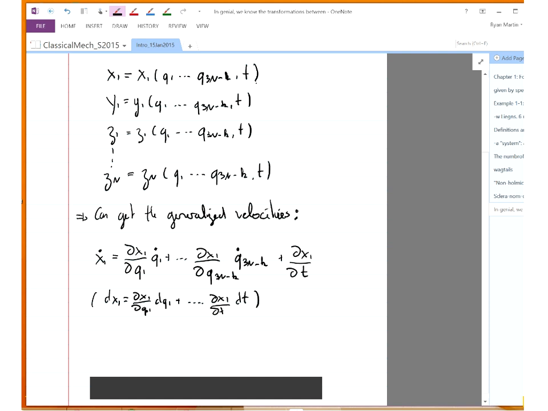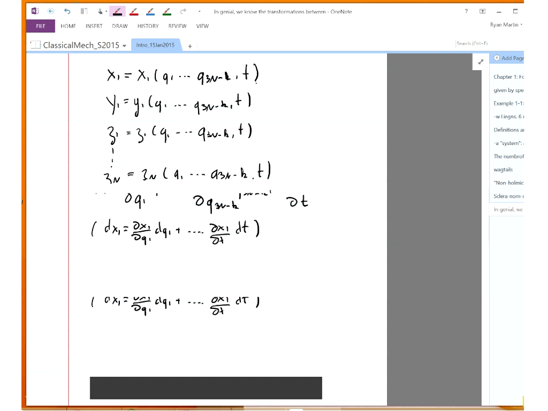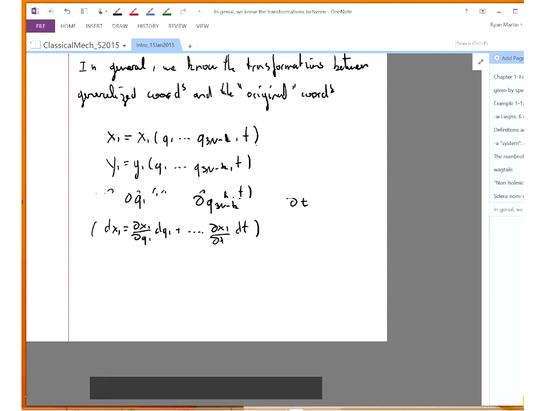So you have a dx1 by dt on the left, you have a dq1 by dt, and then the last term ends up as just a partial derivative of x with respect to t. Okay? So that's the generalized velocities. I think we can finish the chapter, right? So let's finish the chapter.